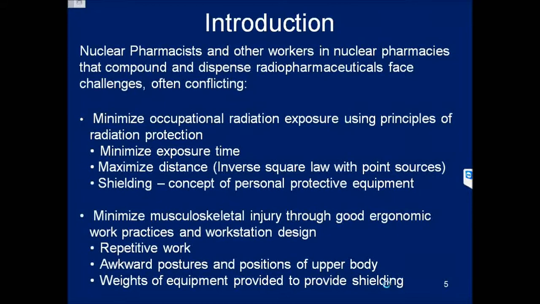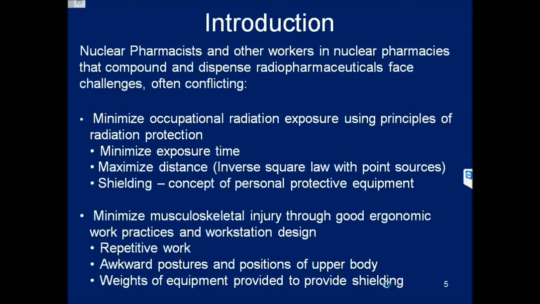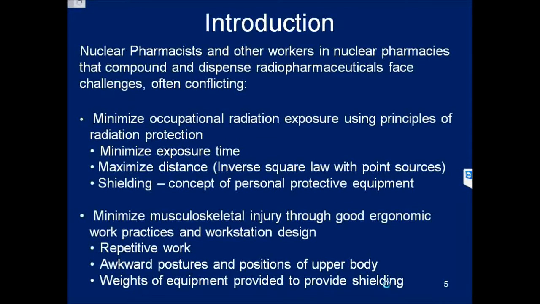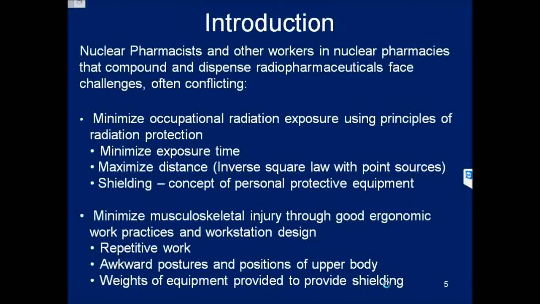So my project looked at the interplay between factors for risk of musculoskeletal injury and radiation exposure. All of these are factors that interact with each other. I have workstation design, the L block, and the position of the equipment, where you want to minimize exposure to radiation, and you've got your anthropometry.